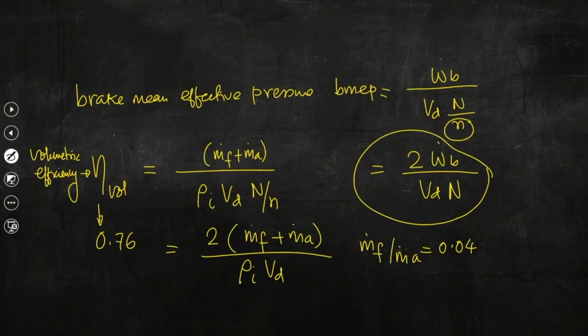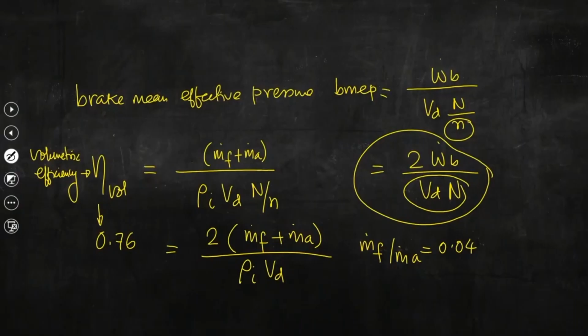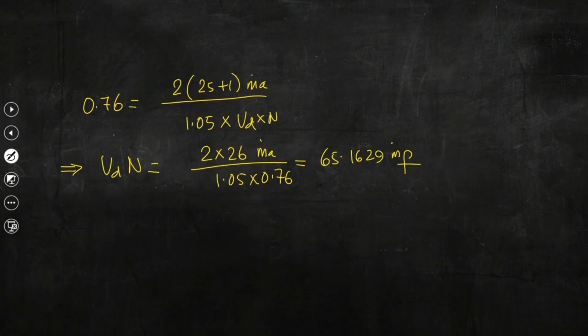Now, if we go back there, basically we need Vd into n to get brake mean effective pressure. So, we could calculate Vd into n, and we also can get W dot b from the brake thermal efficiency. You know that BSFC is m dot f by W dot b.